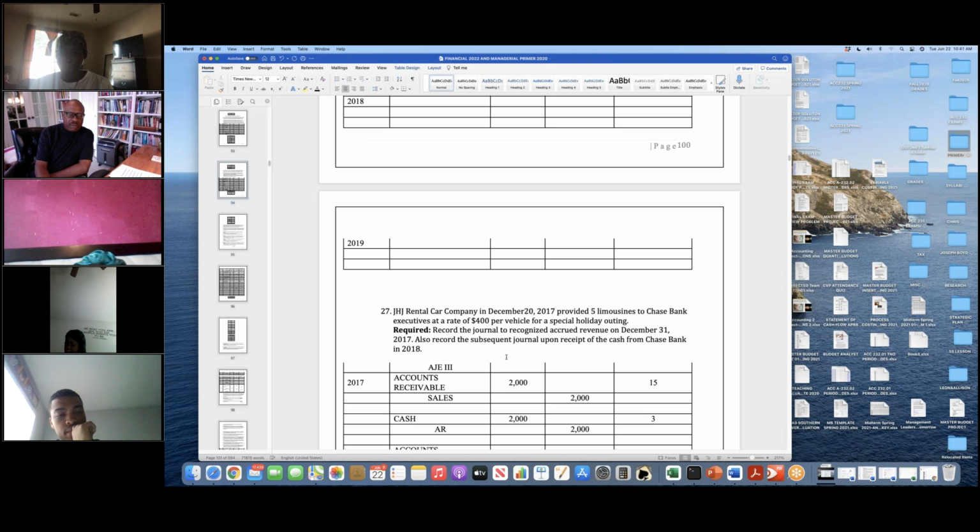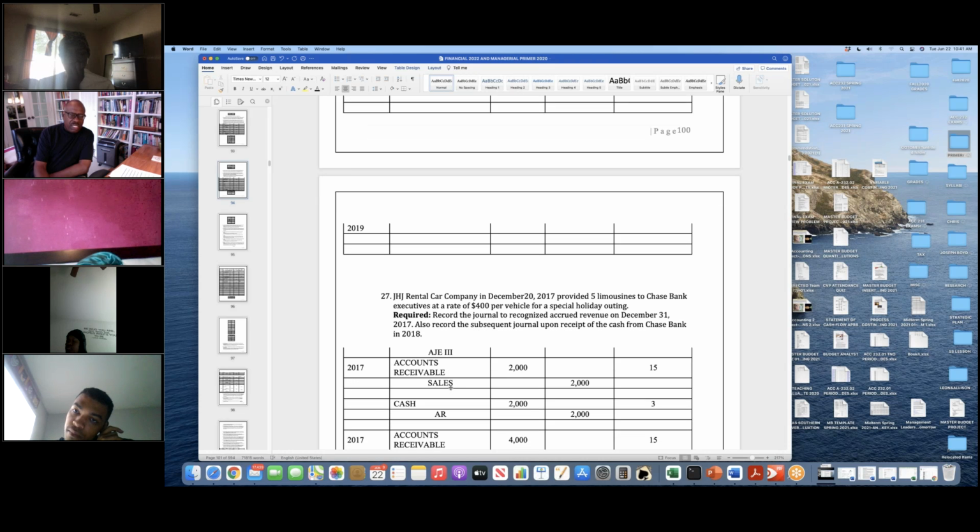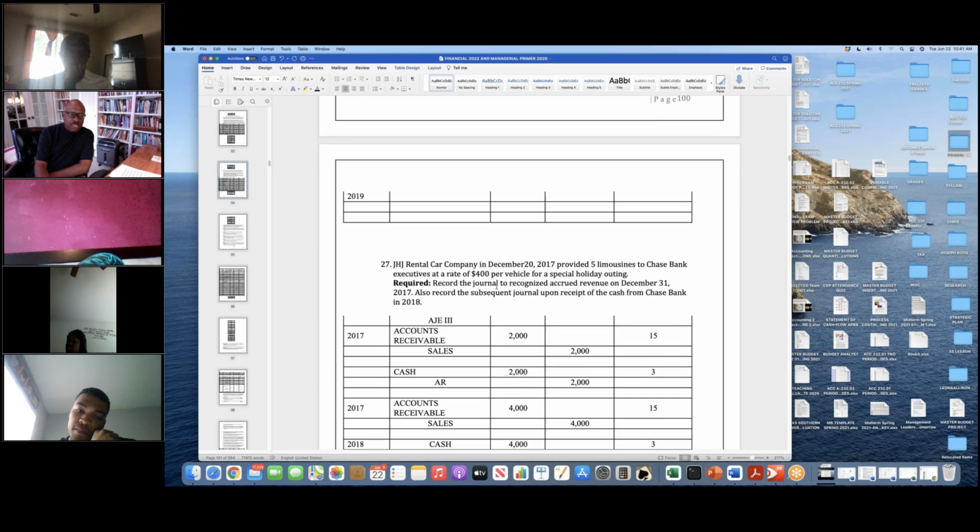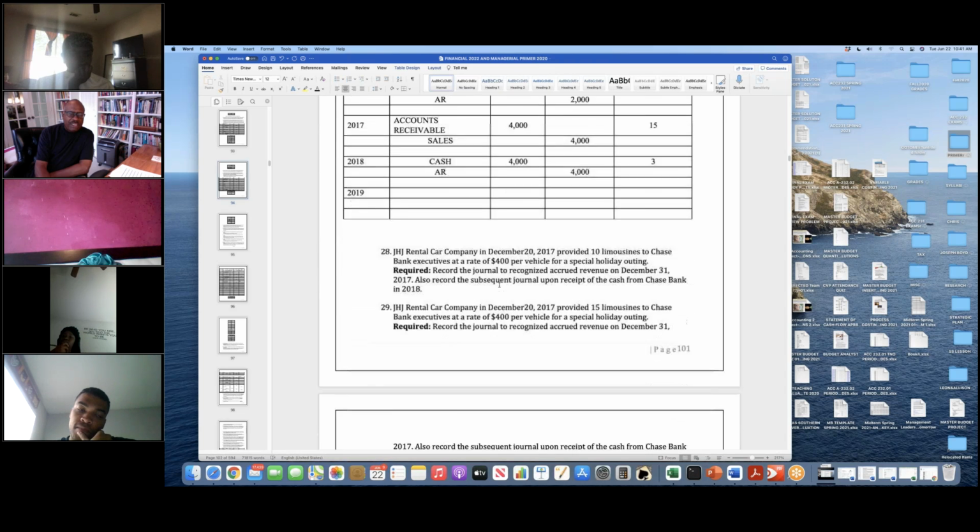But the essence is that if we have earned the revenue, we debit a receivable and credit sales. It could be accrued interest receivable and interest income, but we're going to debit a receivable and credit sales. Then we collect the cash. We're going to debit cash and credit accounts receivable.